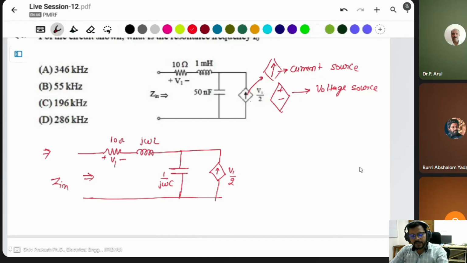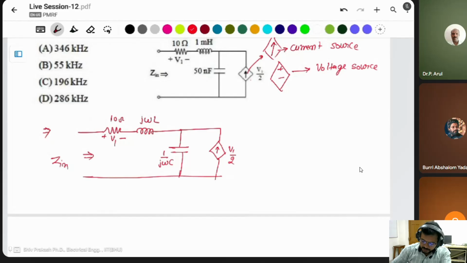If any circuit has a dependent source, how can you find the impedance, or the Thevenin impedance, ZTH? You can find ZTH by the V by I method.